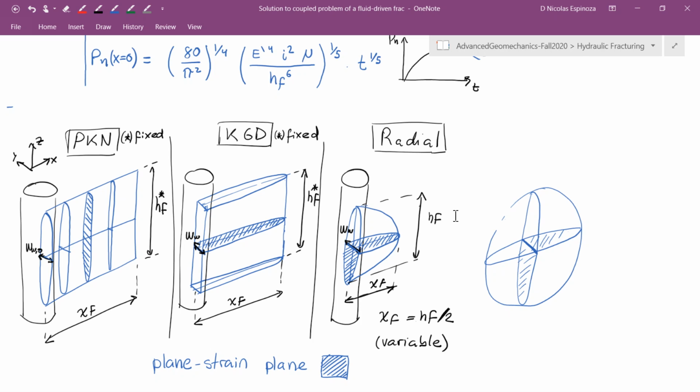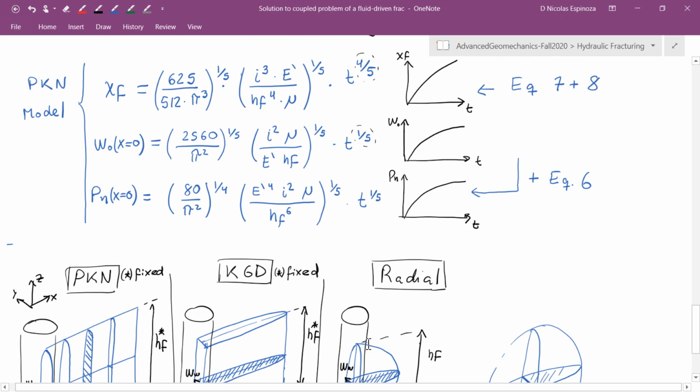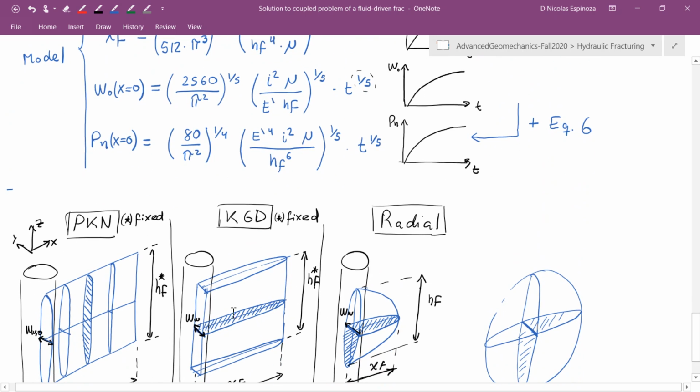We're going to see that some of these solutions are also very useful for understanding some other problems and for treating analytically some of the solutions and, for example, seeing where the energy of the fluid is going, whether it's going into moving the fluid along the fracture or opening the fracture or creating more surface when a fracture propagates. So do not underestimate the power of these analytical solutions.